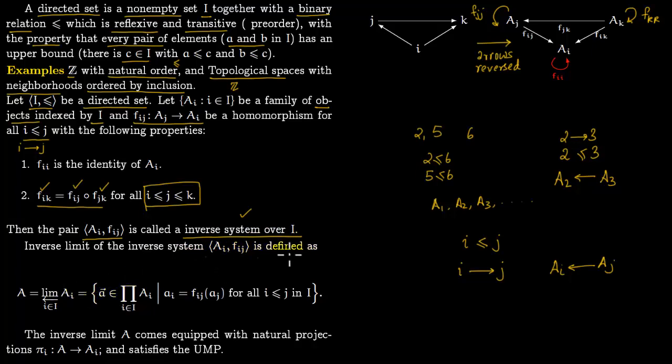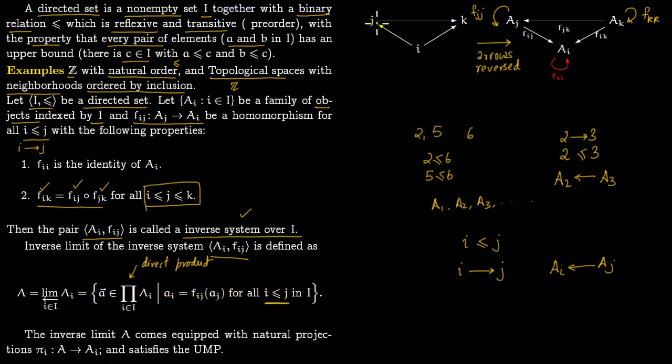The inverse limit is nothing but a vector. It is a vector of elements. It is a subset of the direct product with a special relationship that AI is equal to Fij Aj for I less than or equal to j.